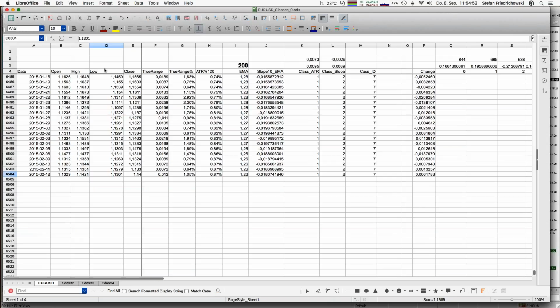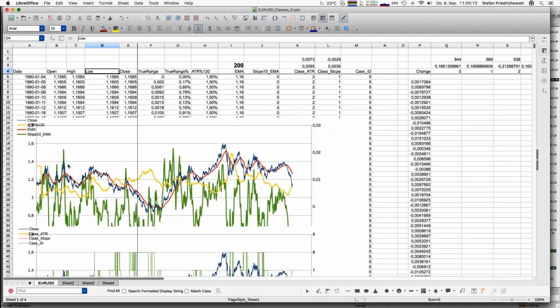Now we have only the data until February 2015, but the only reason is that I don't want to change all the graphs because then I have some numbers here additionally. So anyhow, that's not what I want to show here.